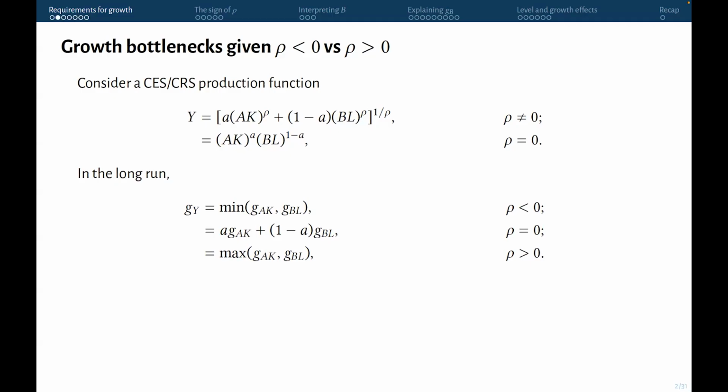They're kind of like left shoes and right shoes. What you care about are pairs of shoes, and so the growth rate of the pairs of shoes is the minimum of the growth rates of the two kinds of shoes. In the Cobb-Douglas case, just by the way exponential growth works, the growth rate of output is going to be the share weighted, or at least the exponent weighted, sum of the growth rates of the effective factors.